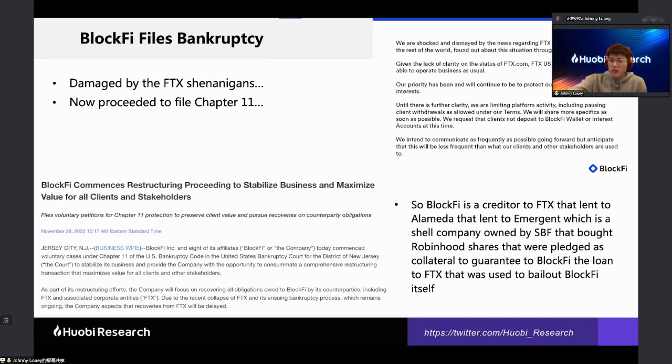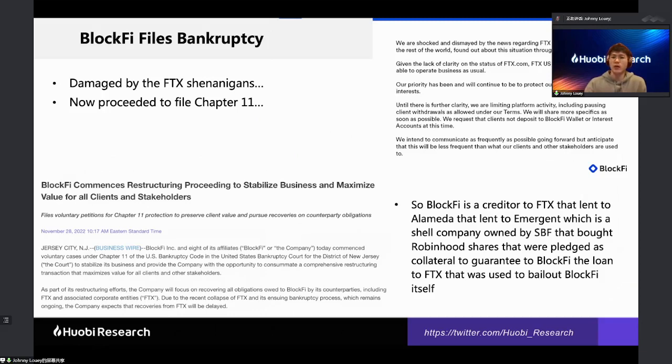The shell company Emergent also bought Robinhood shares that were pledged as collateral to guarantee the loan from BlockFi to FTX that was used to bail out BlockFi itself. It's so complicated, but basically BlockFi is very closely tied to FTX, with crypto lending and I think also uncollateralized lending. So when FTX got wrecked, BlockFi got wrecked as well.